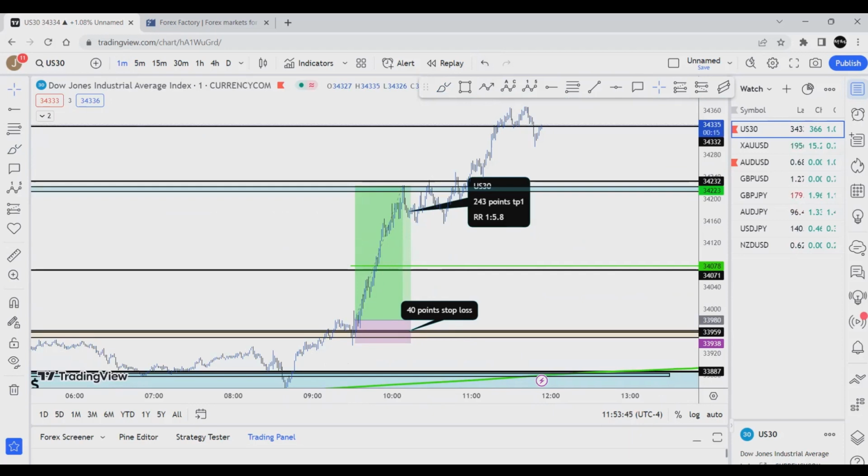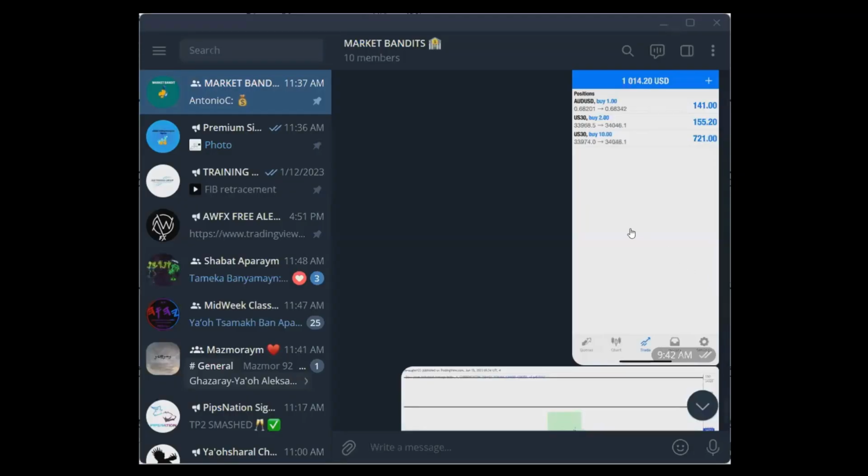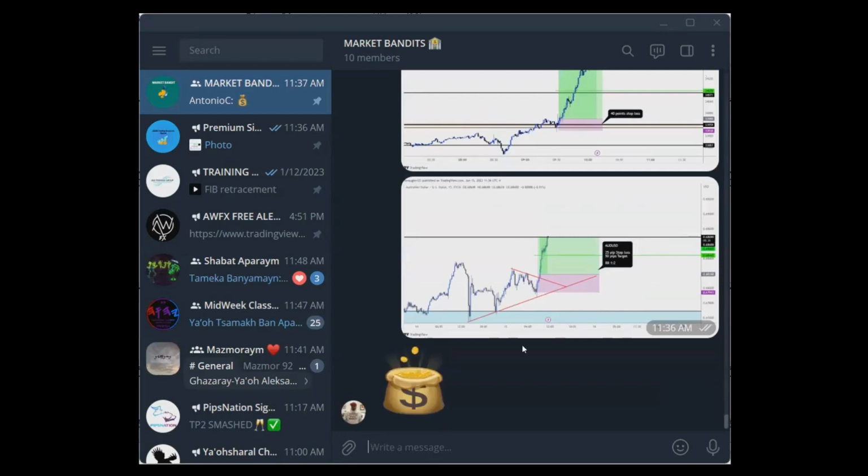I want everyone to be their own boss, not dependent on me, able to trade on their own terms, own time, and make a killing. This was this morning in a group chat, about 10 members right here. I was up $1,000 off this trade from US30, held the setups, took some partial profit later on, but made a killing, made some profit. Let's go!